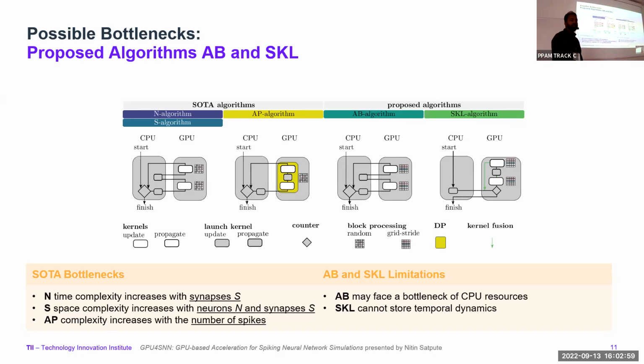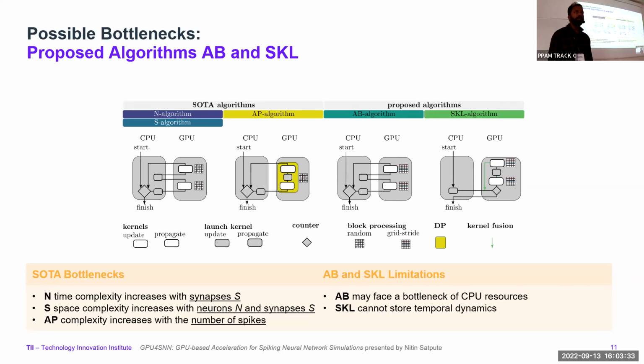Now, as an alternative, we provide the SQL algorithm. In the SQL algorithm, the objective is that you launch a kernel and the GPU takes care of all the jobs. Once the results are obtained, the final results are sent back to the CPU. So the CPU just tells the GPU, perform the task and don't come back to me for intermediate results if we want the final results.